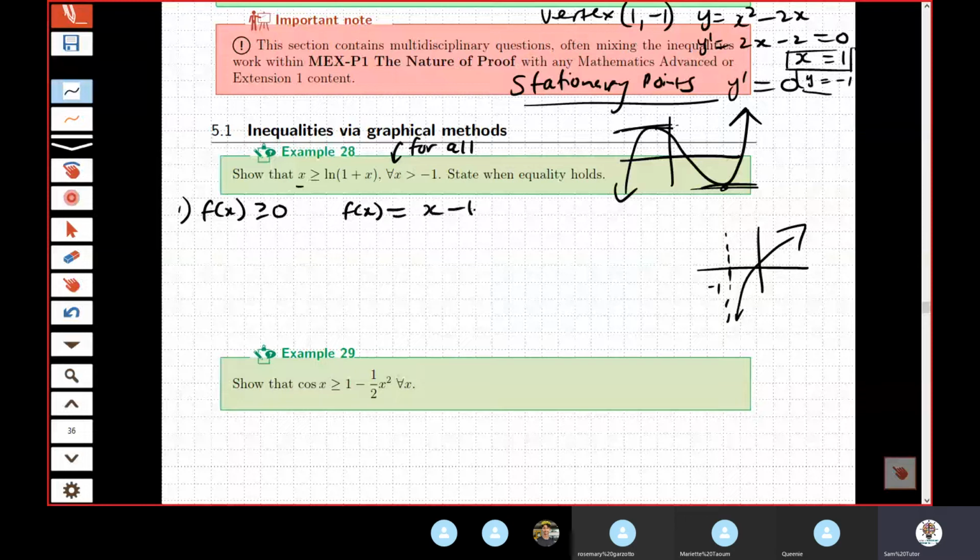The reason why that happens is because once I subtract, I will be proving f of x, which is this, is greater than or equal to 0, which is the same logic as if I had plus this over, I would have proven x is bigger than or equal to log 1 plus x. Do we understand that? So step one, we're pretty much trying to prove f of x is bigger than or equal to 0, where f of x is this particular function.